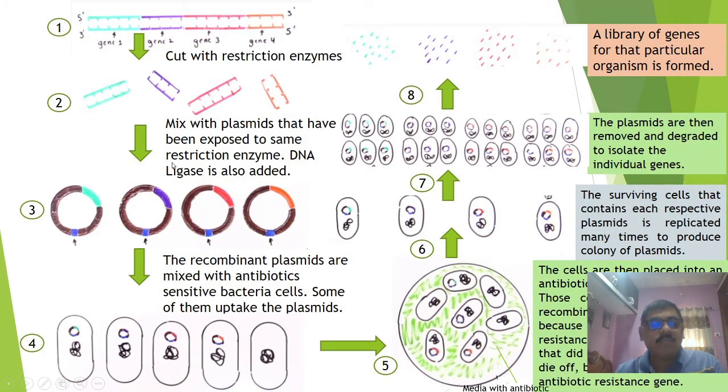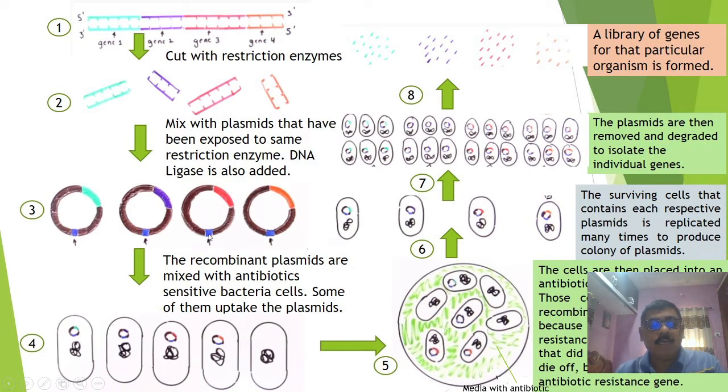And after adding the DNA ligase, you will get such a molecule of DNA, and these are called recombinant plasmids or recombinant DNA molecules.